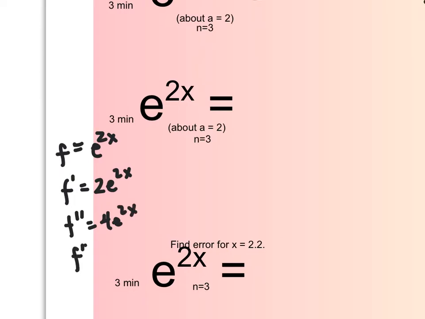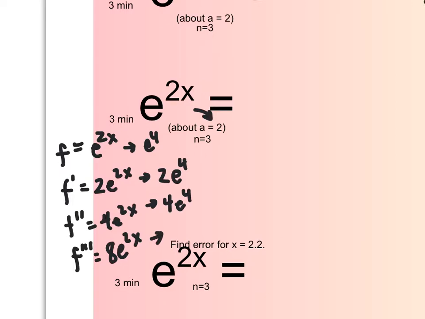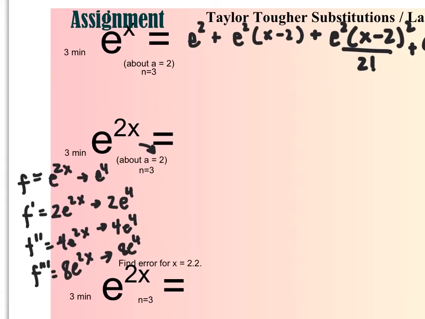And f triple prime is 8e to the 2x. So if I plug a 2 into each of those, I get e to the fourth, I get 2e to the fourth, I get 4e to the fourth, I get 8e to the fourth. Alright, so those are going to be my coefficients.